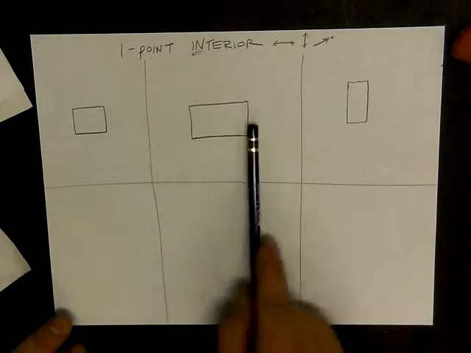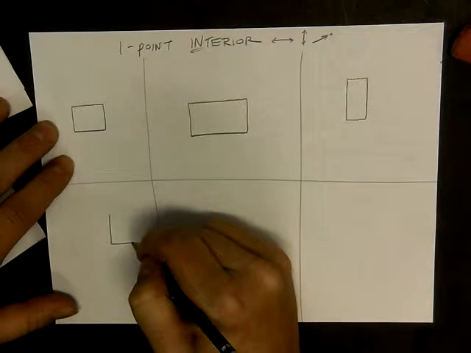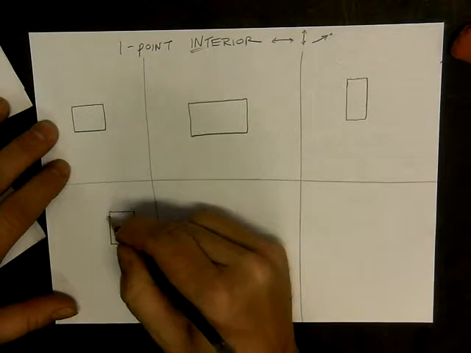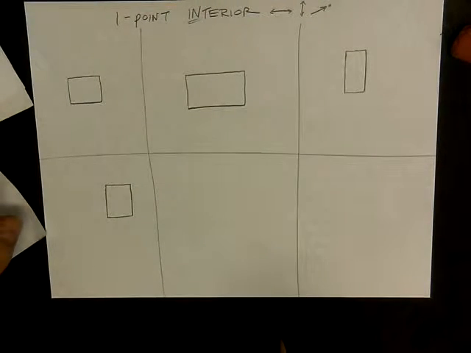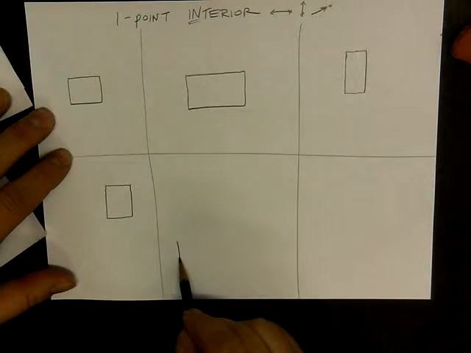You know, I put these all sort of in the middle, but they don't have to be. You could put a square or a rectangle up here in the upper right. We could put one down here.